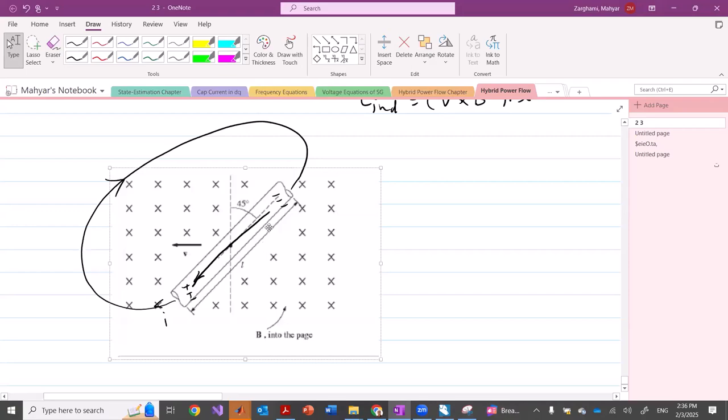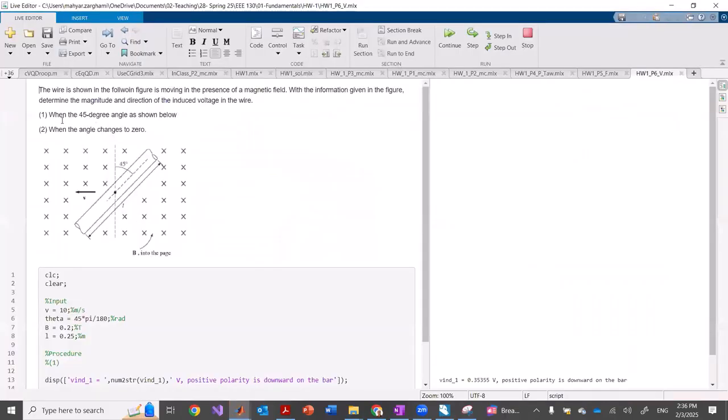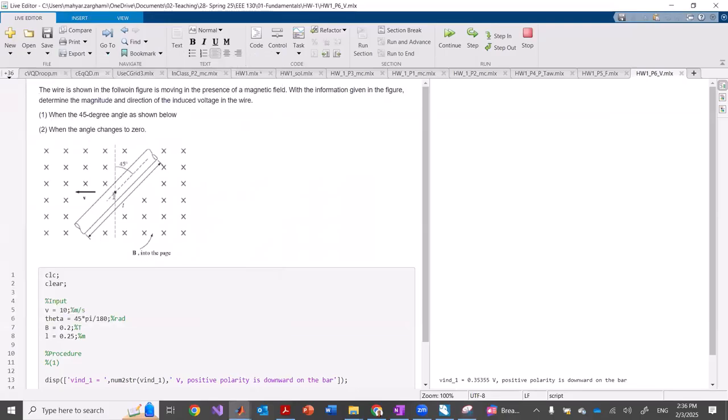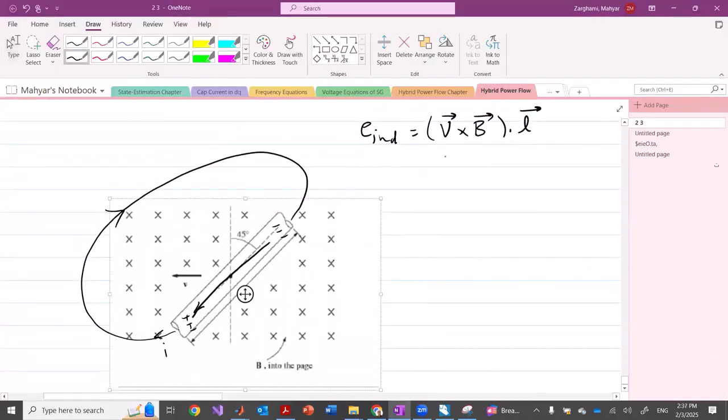Okay, and in terms of calculations, it just depends on that angle. You would have V times B sine of theta, times L times cosine of the angle.